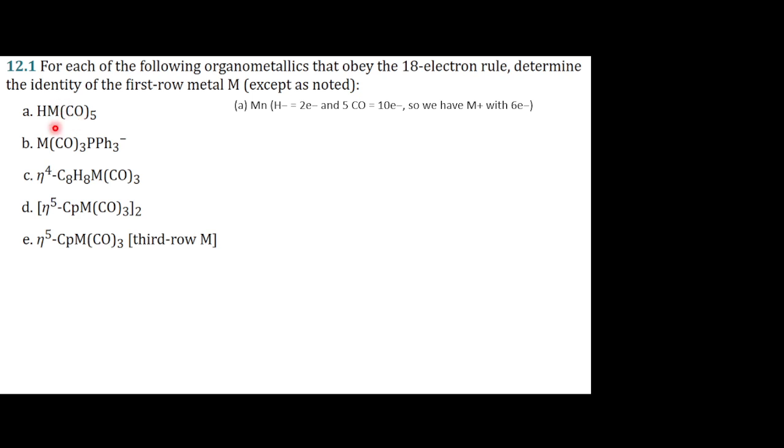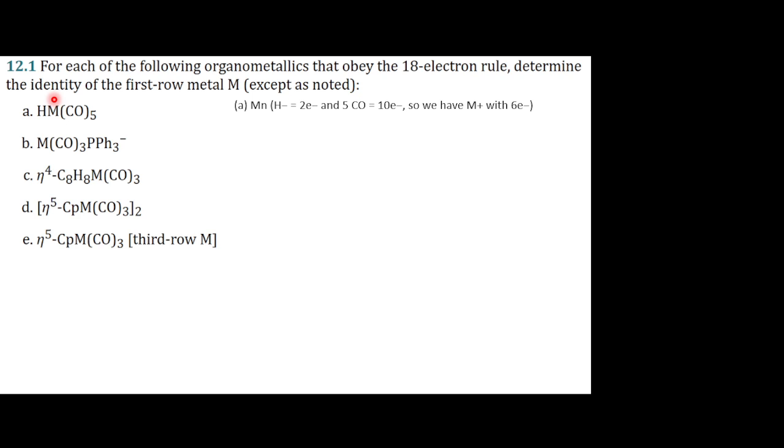There's one other important piece of information we gained here. The hydride has a negative charge, and there is no charge up here, so we have to be neutral overall. If we have a negative charge on the hydride, what has to have the positive charge? The only thing that could is the metal, having lost 1 electron.